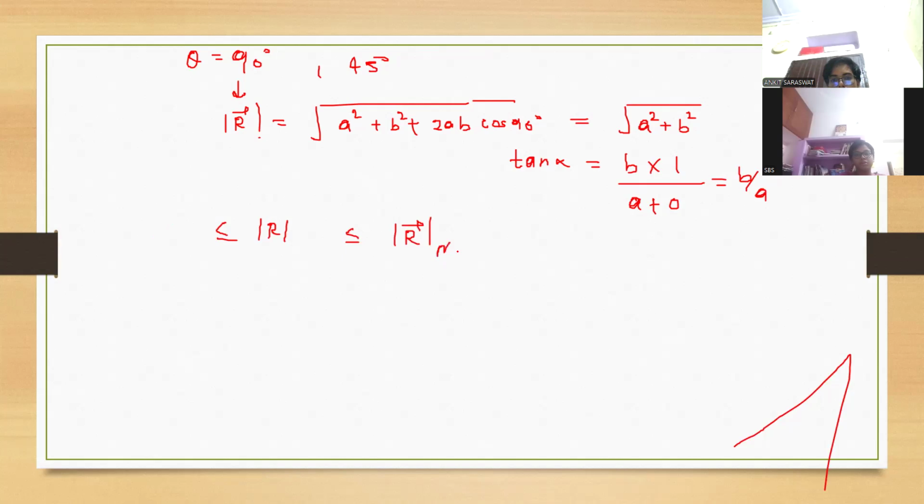This mod R will lie between these. You can't say equal. For any other angle, it will be like this. And what is mod R minimum? Mod A minus mod B. So in the middle, I am writing now, this is mod R for any other angle.